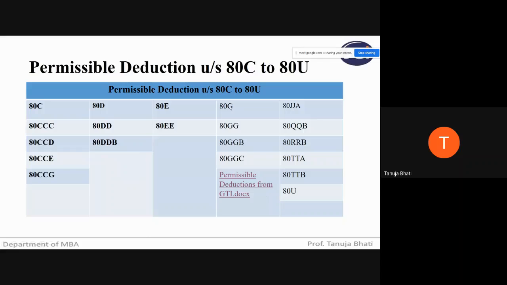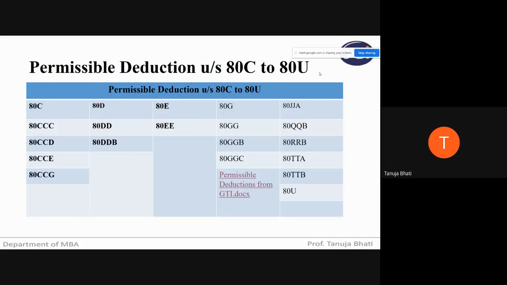So by this, we have seen deductions under section 80G, 80GG, 80GGB, 80GGC, 80JJAA, 80QQB, 80RRB, 80TTA, 80TTB, and 80U. So before we conclude, let us quickly revise. 80G is whatever donation an SSC is making to any of 4 categories.